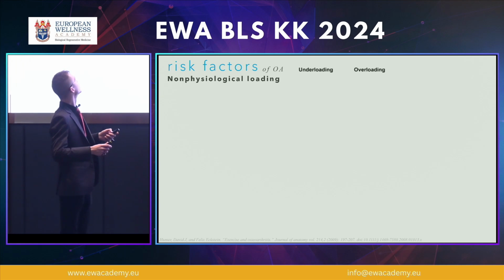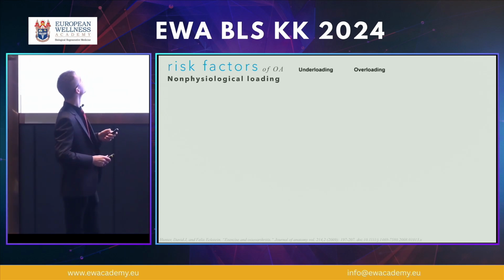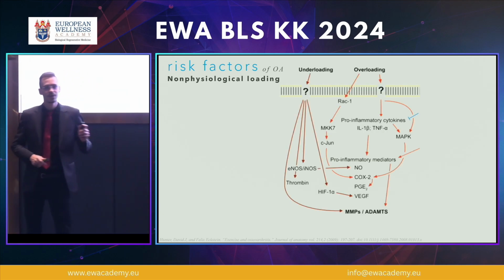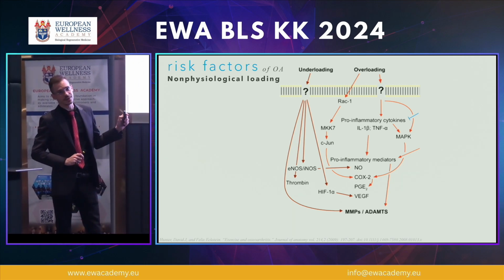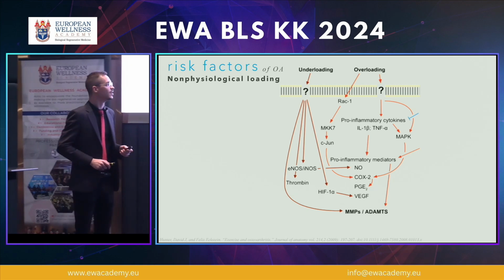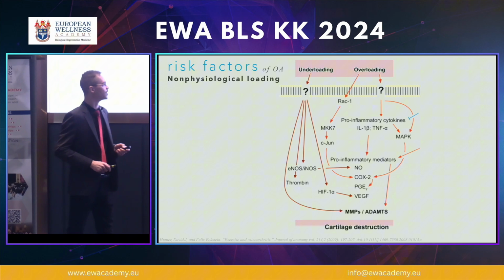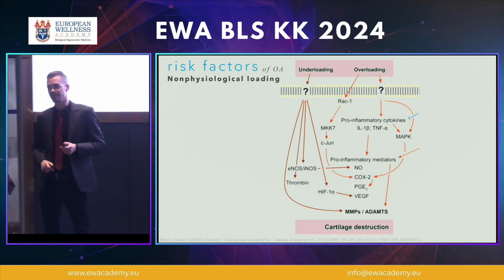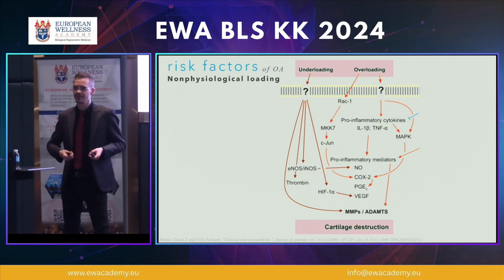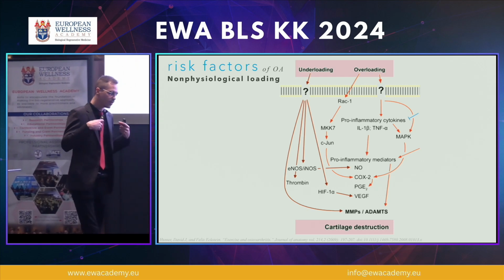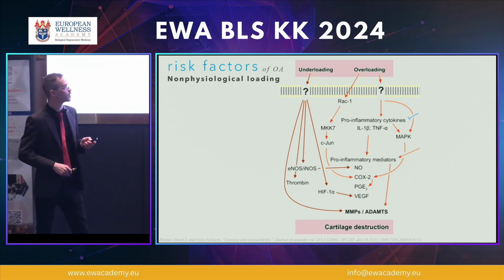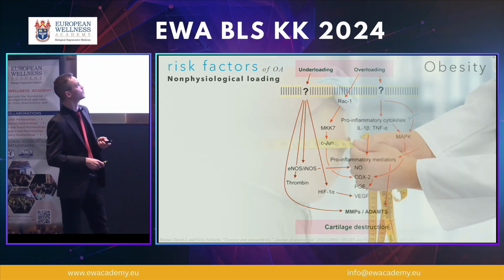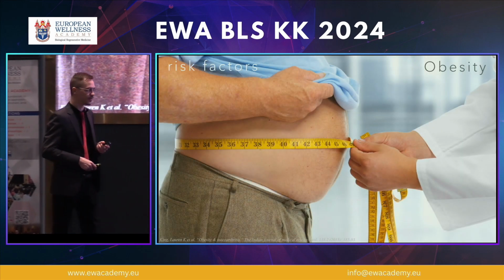But something that we can control is actually loading. So interestingly enough, underloading of the cartilage as well as overloading of the cartilage leads to cartilage degeneration or cartilage destruction. So both a sedentary way of life or overstressing this cartilage tissue will result in cartilage destruction, degeneration to a certain level.